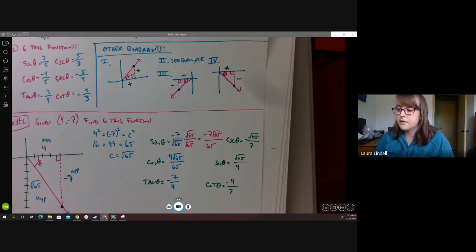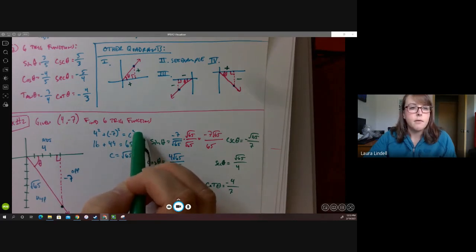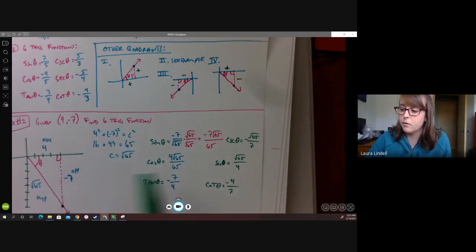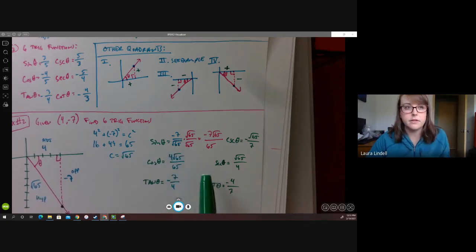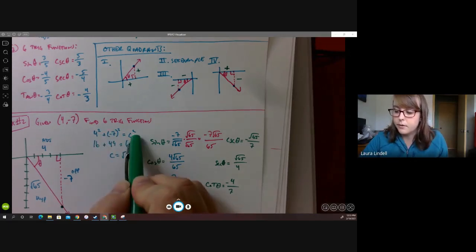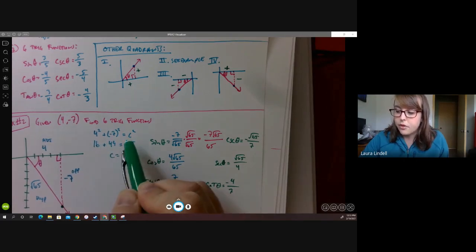Why is it root 65 and not 65 squared? Good question. So when we do the Pythagorean theorem, remember it's a squared plus b squared equals c squared. Do you mean like how did we get root 65 in the first place, or why is it when we multiply that it's not 65 squared? Okay, yeah. So when we do the Pythagorean theorem, it's a squared plus b squared equals c squared. So here's the first side squared, the second side squared, and it's equal to the third side squared.